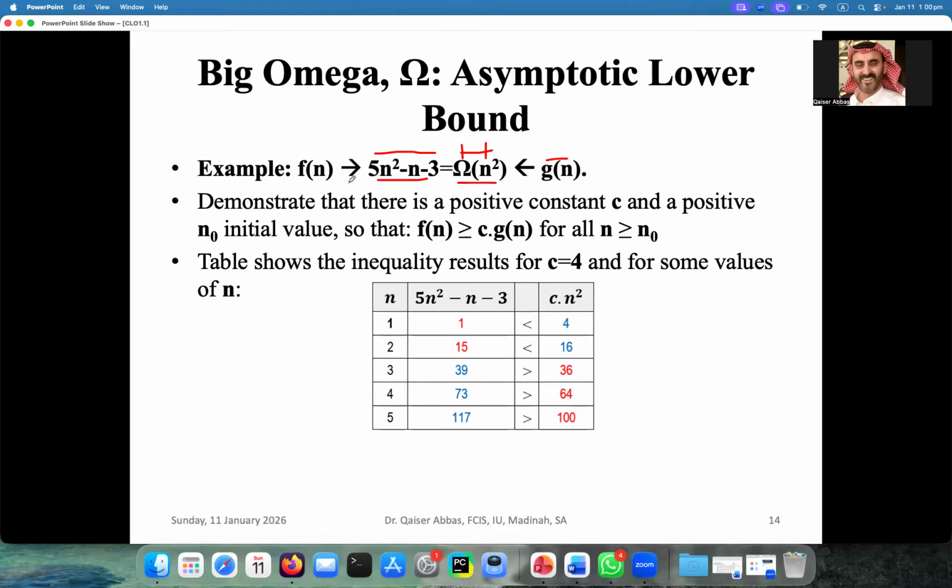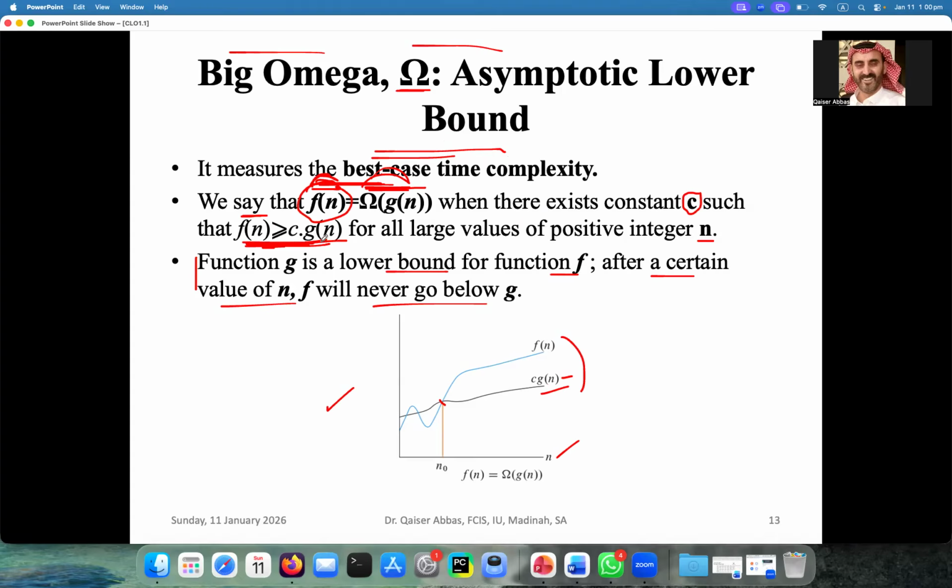This is my f of n, this is my g of n, and I have to show this condition is holding after n0, according to its definition.